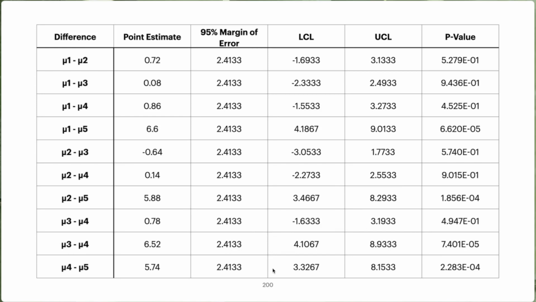And then finally, the last two rows correspond again to comparisons with the fifth treatment. I've got a little typo there, let me fix that. These are both comparisons with mu5. This is a comparison of mu3 and mu5. This is a comparison of mu4 and mu5. Both of these confidence intervals do not include 0, and corresponding to that, these p-values are very small, both being less than or equal to 0.05.